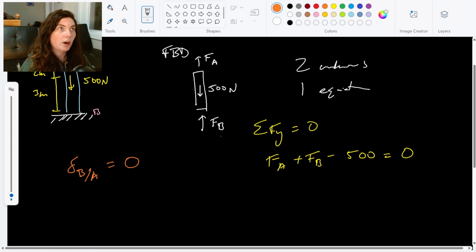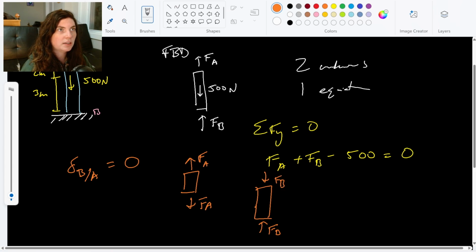And we know from our axial loading that we can break this up into sections. We can break up our rod here into a section of FA loading and a section of FB loading. So here's FA, here's FB.